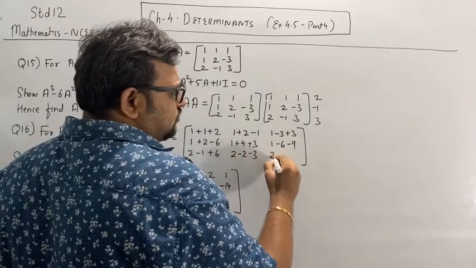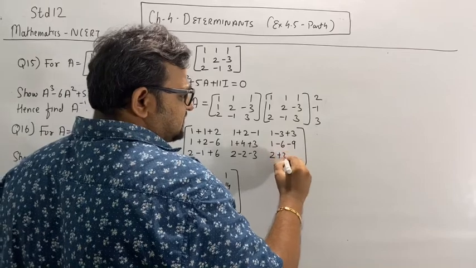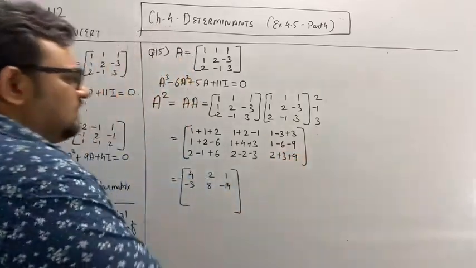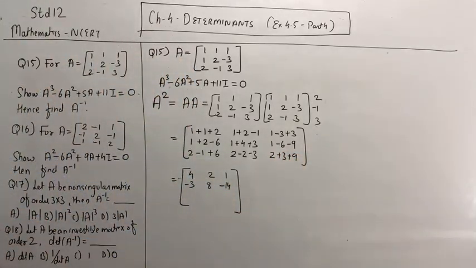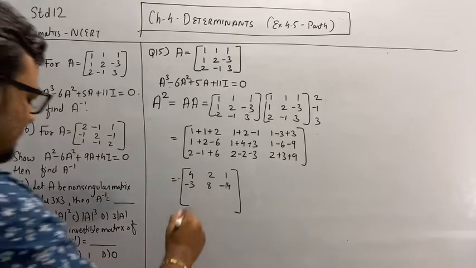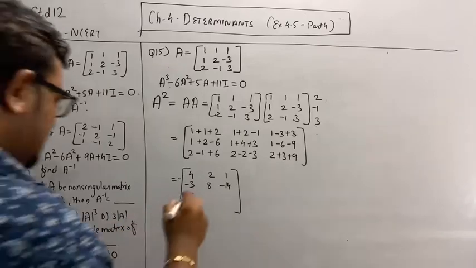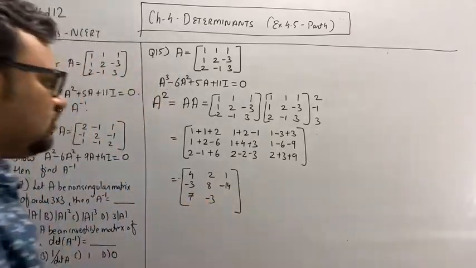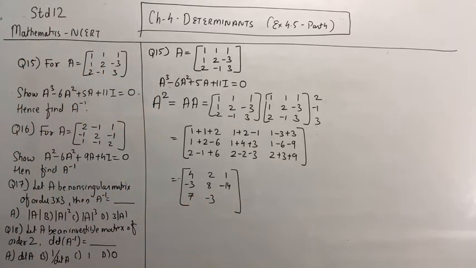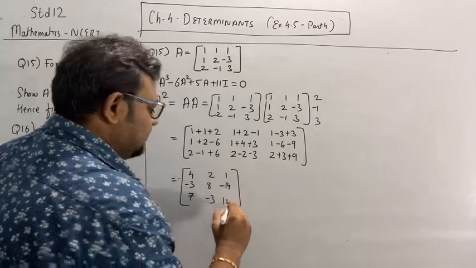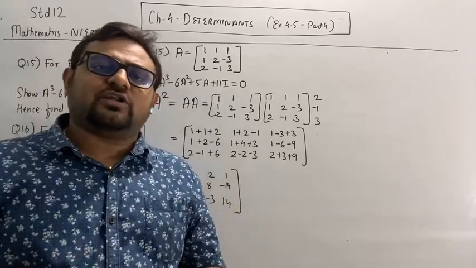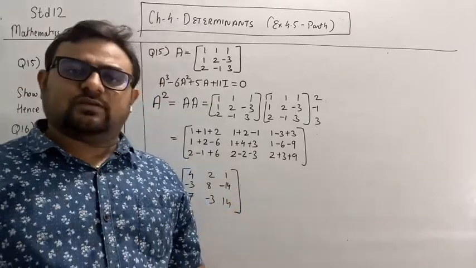So 2 ones are 2 plus 3 plus 9. Let us calculate: 2 minus 1 plus 6 will be equal to 7. 2 minus 2 minus 3 is minus 3. And 2 plus 3 plus 9, that is 14. Okay, so I got the value of A square.